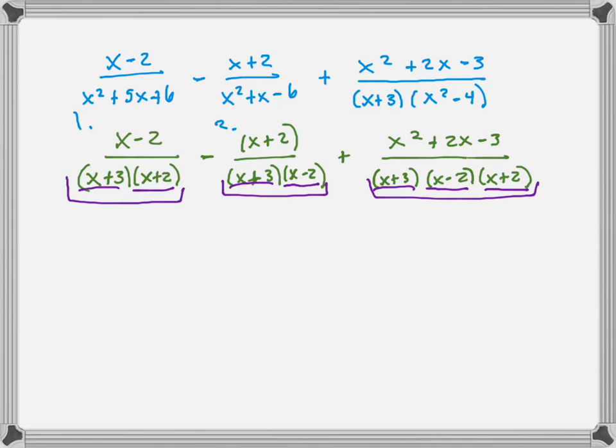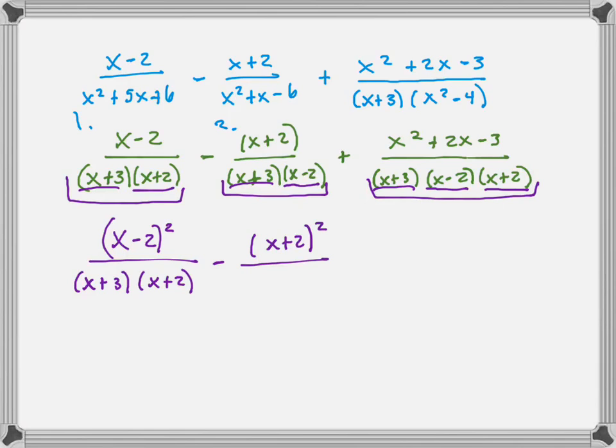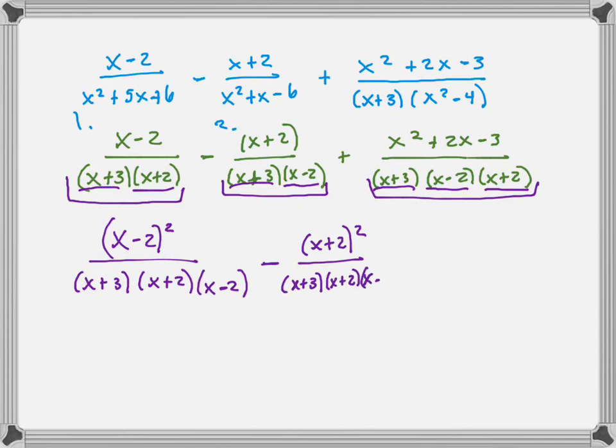So we are going to start by doing x minus 2, and I'm just going to say squared, over x plus 3 times x plus 2 times x minus 2, minus x plus 2 squared over x plus 3 times x plus 2 times x minus 2.